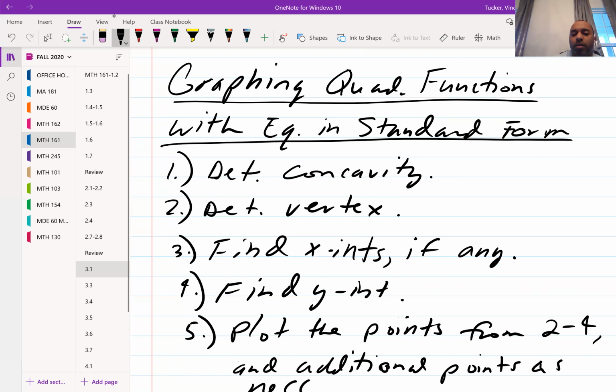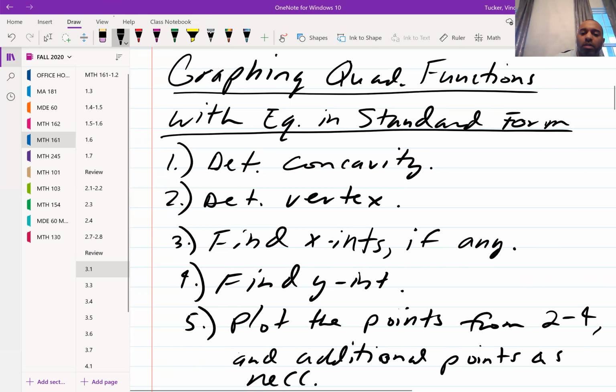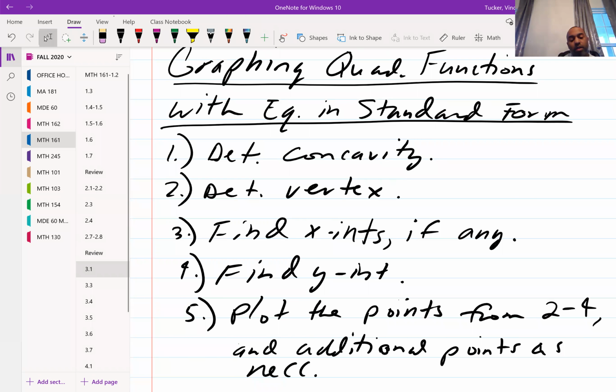Then you can plot the points from 2 through 4 and any additional points as necessary. So you're talking about these points right here: vertex, x-intercepts, y-intercept. And if you need more points to help you with your shaping, then do so.